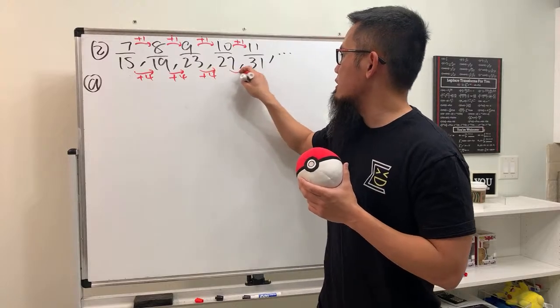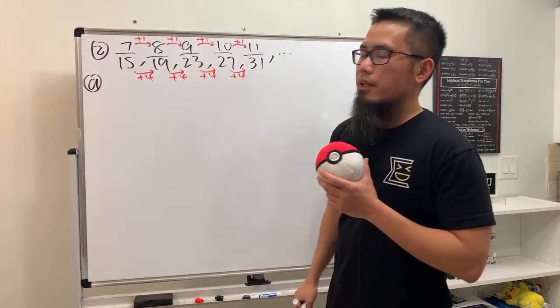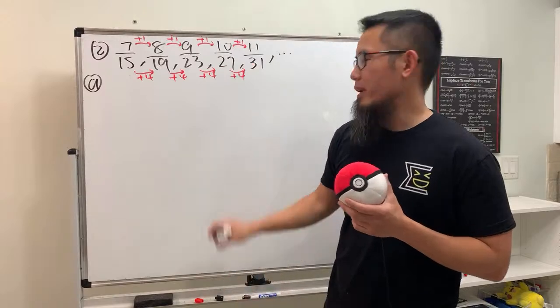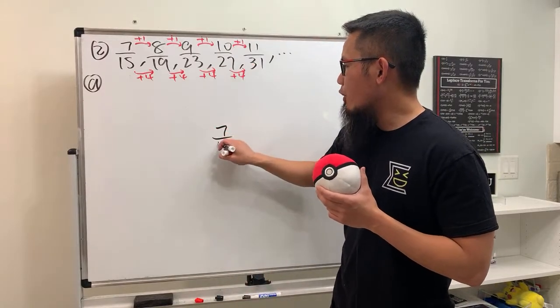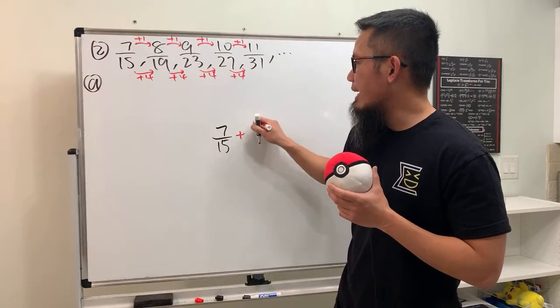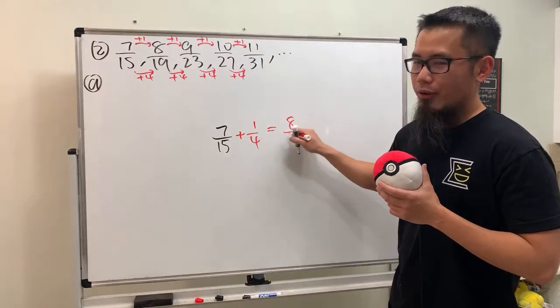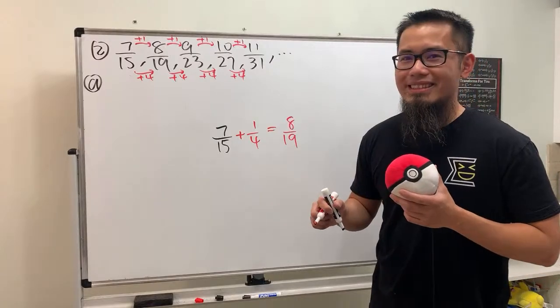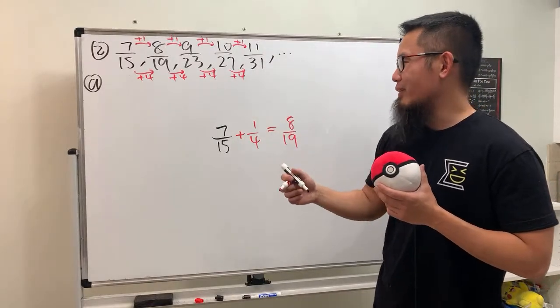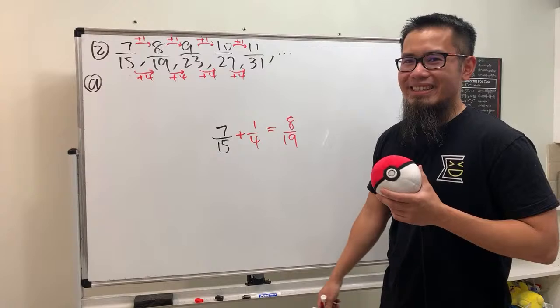So that's very nice. And now, this is a typical joke that we'll make. So does that mean from 7/15, we can just go ahead and add 1/4, and then we will end up getting 8/19? Because we just always add 1 on the top and we add 4 on the bottom. Is this the way to do it?